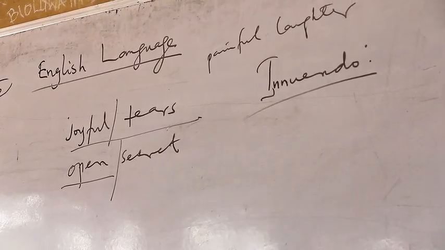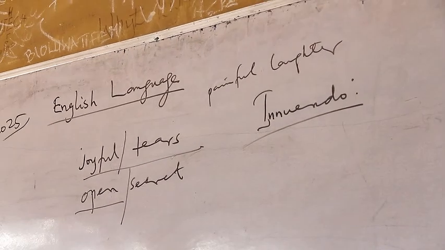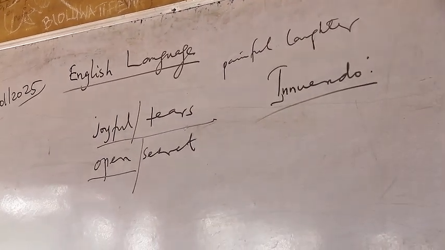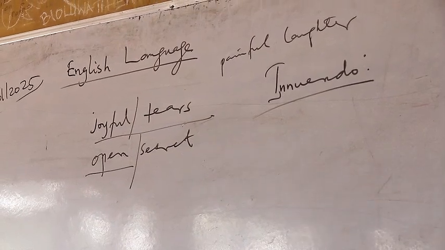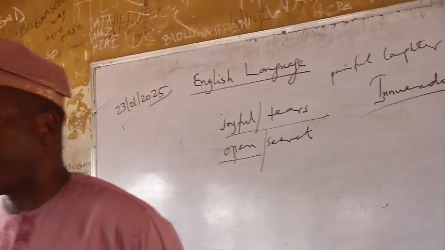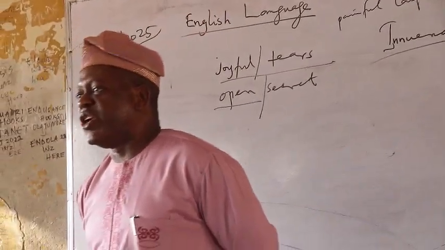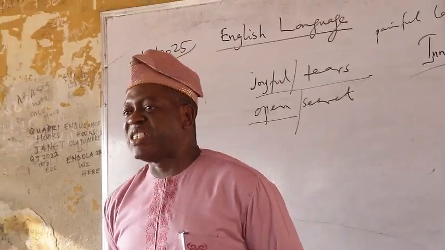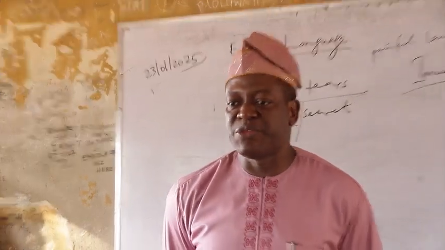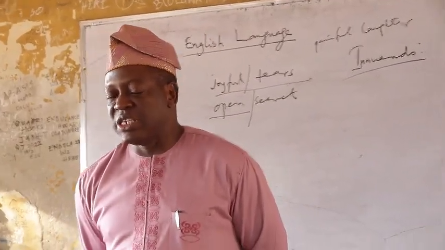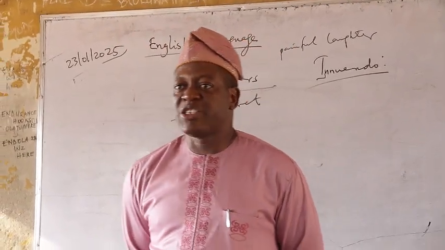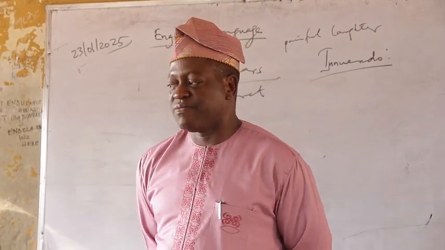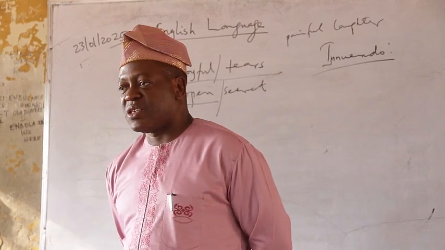Innuendo is a species of irony. This is an expression in which an offensive statement is said in a less offensive way. An offensive statement is said in a less offensive way.